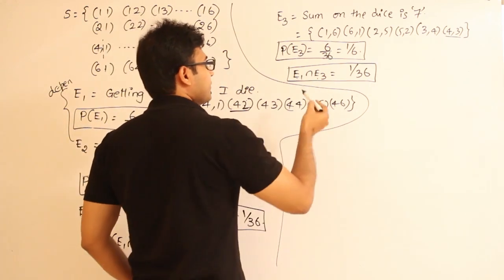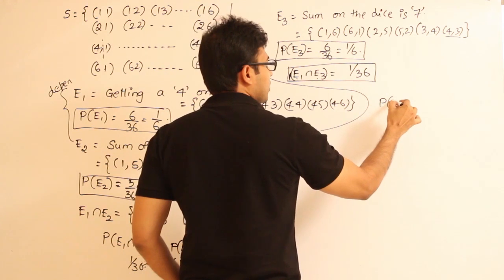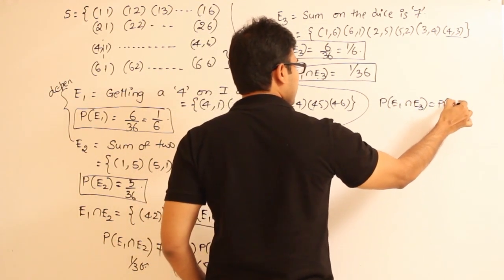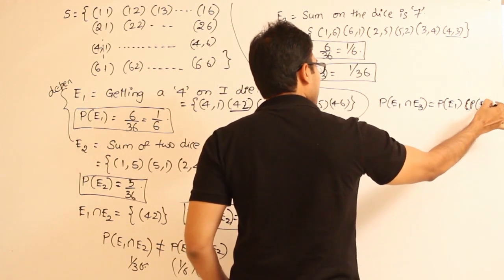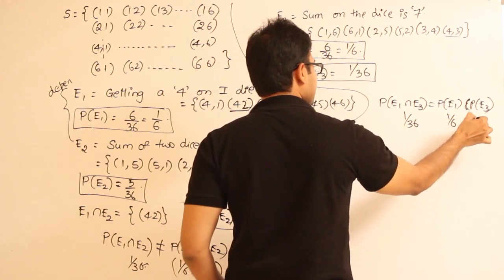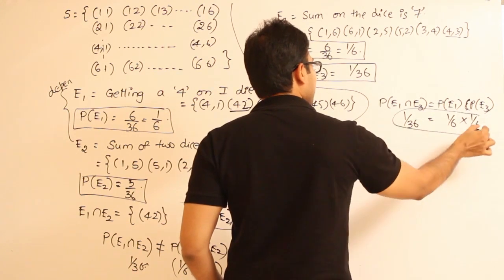Now clearly you can say that P of E1 intersection E3 is equal to P of E1 into P of E3. Why? Because the left hand side turned out to be 1 by 36, and this one is 1 by 6 times 1 by 6. Therefore these two are equal. So what can we say now?